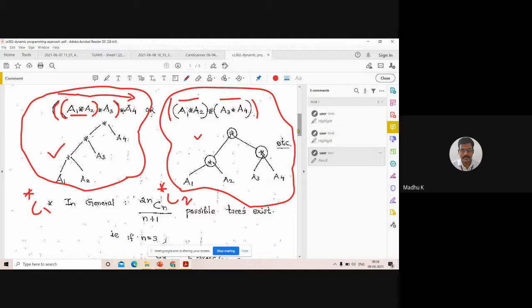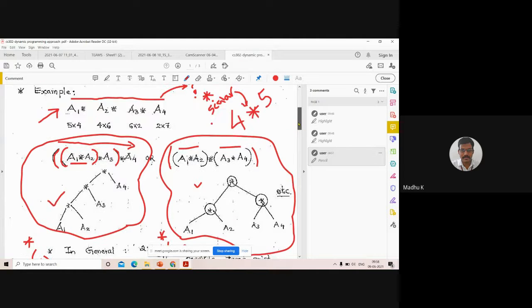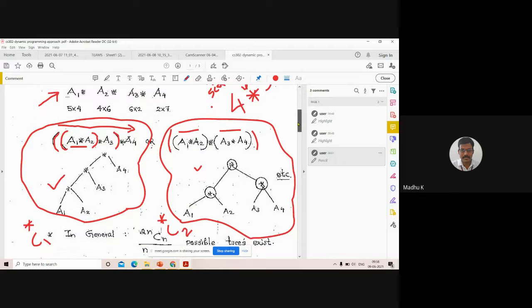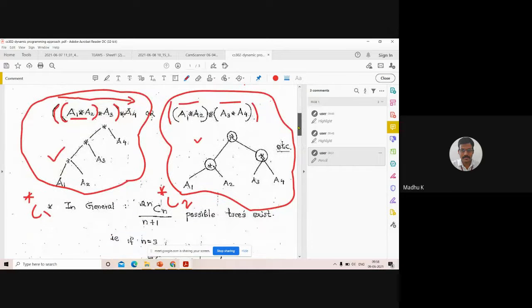So we should develop a way to find the best multiplication sequence that will take the minimum number of scalar multiplications.